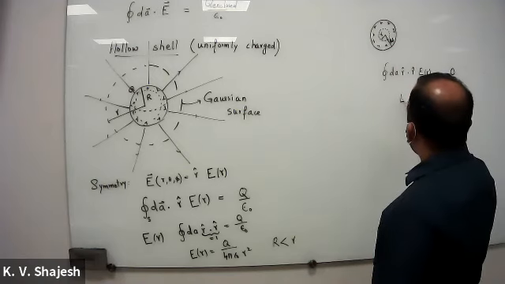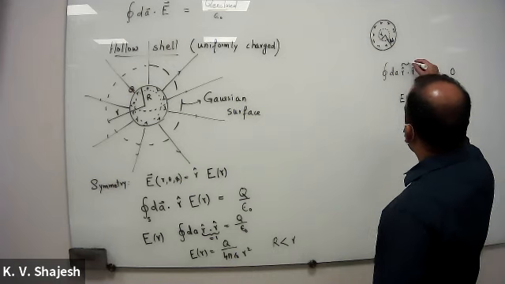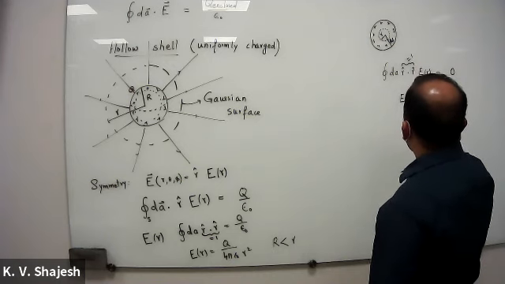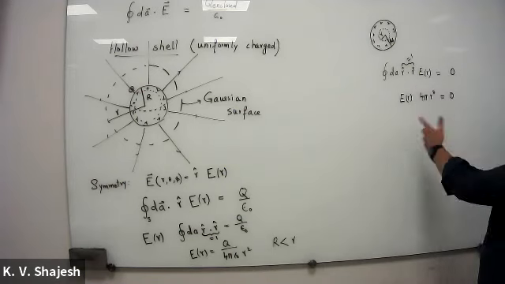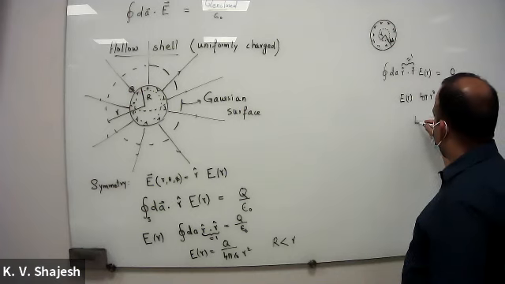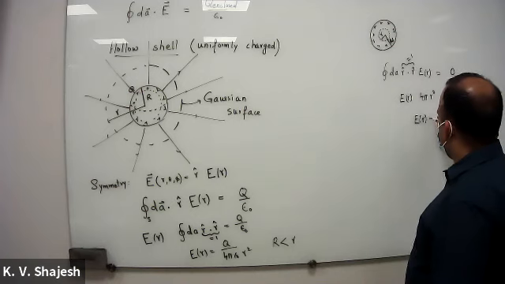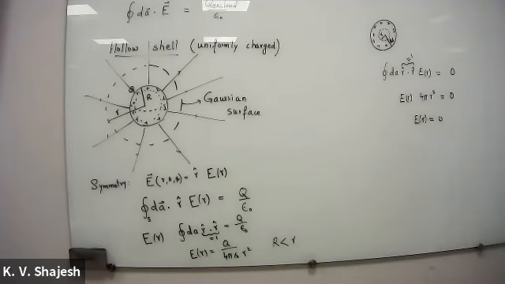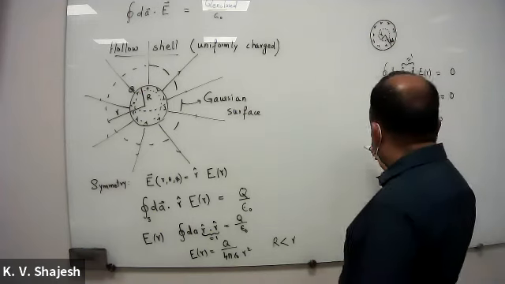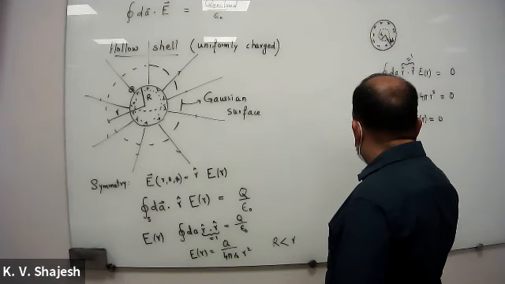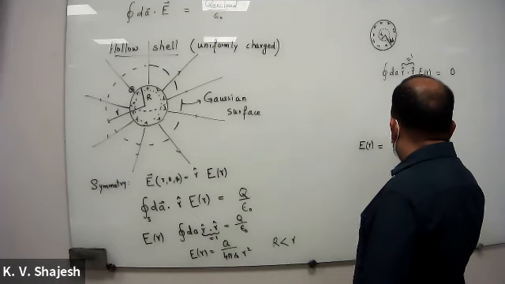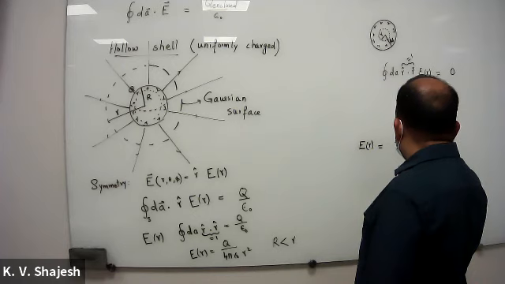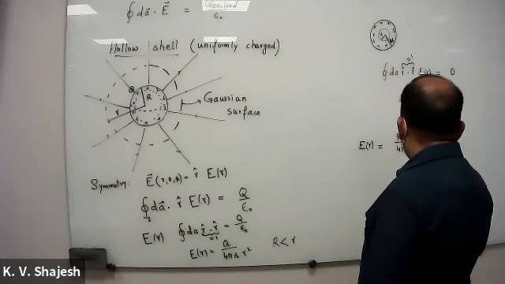So this says that E of r times 4 pi r squared, the area, is equal to 0. Area is not 0, so the electric field has to be 0. Okay. So we conclude that the electric field of a hollow shell is Q over 4 pi epsilon naught, 1 over r squared.